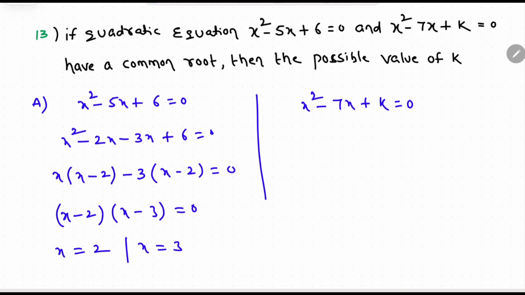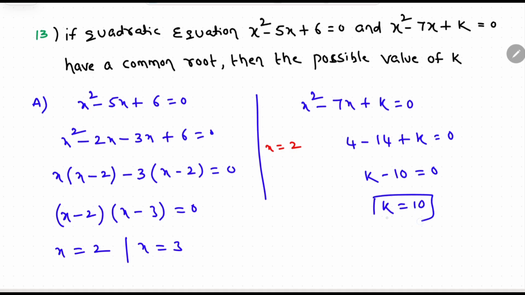If I take x value as 2, then on substitution, 2² is 4, minus 7 times 2 is 14, plus k equals 0. Therefore k minus 10 equals 0, so k is equal to 10.